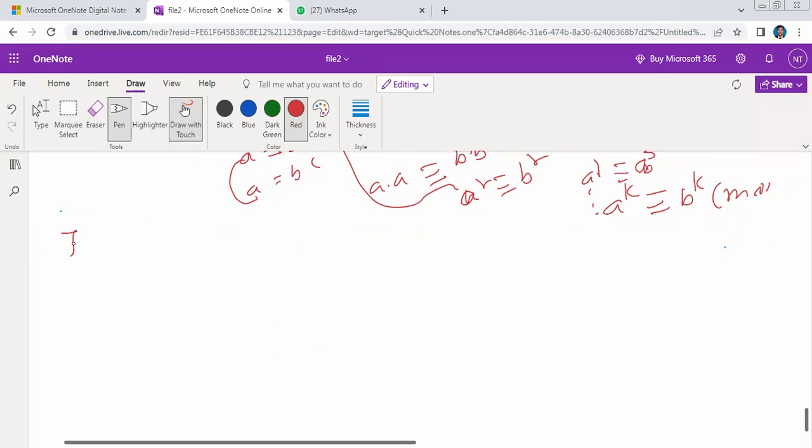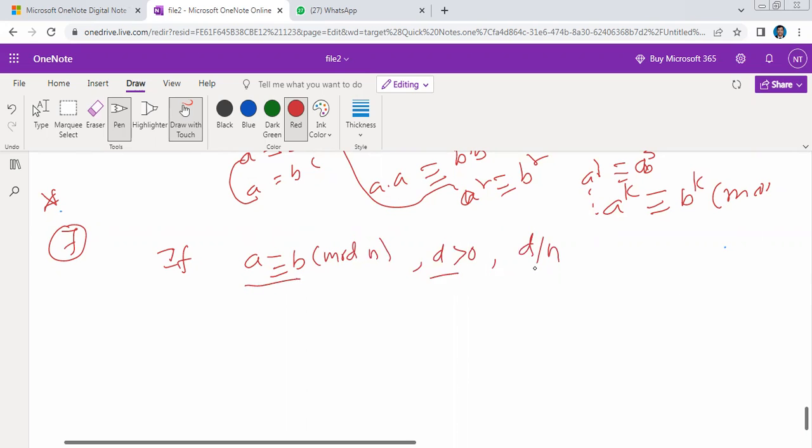Then the seventh property, if A congruent to B modulo n, ఇది important అండి. D greater than 0, D divides n. A congruent to B modulo n, D is positive, D divides n.